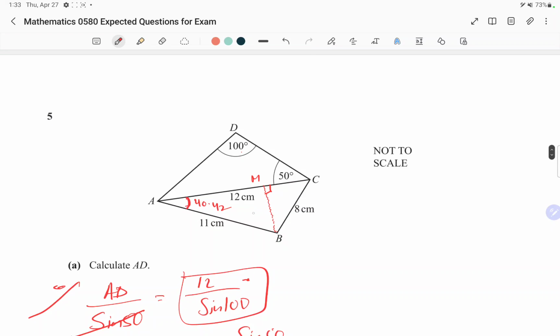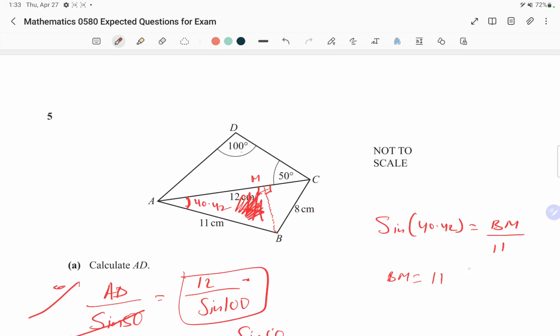Now, according to this triangle, we need to find the opposite, and the hypotenuse is already available. So if I apply sine of 40.42 in this triangle, sine is opposite over hypotenuse. So the opposite I am going to write as BM, and the hypotenuse is the side opposite to 90 degrees, that's 11.